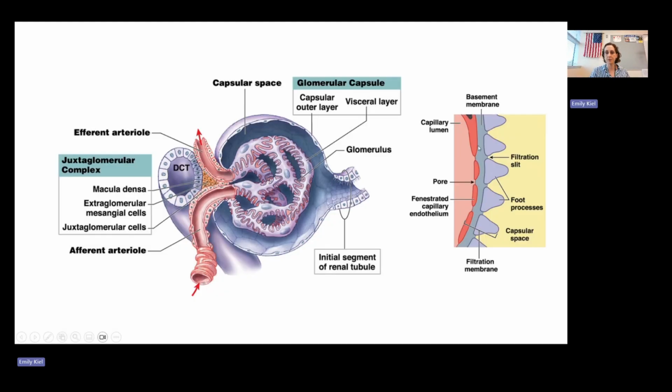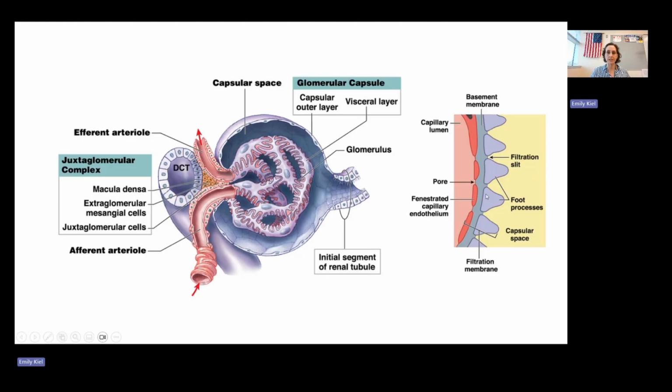We have a basement membrane, and this is a little bit of a modified basement membrane. And then it is going to go through these foot processes. And these foot processes are specific to a cell called a podocyte. And when they go through these little filtration slits between the foot processes, it will become the tubular fluid.